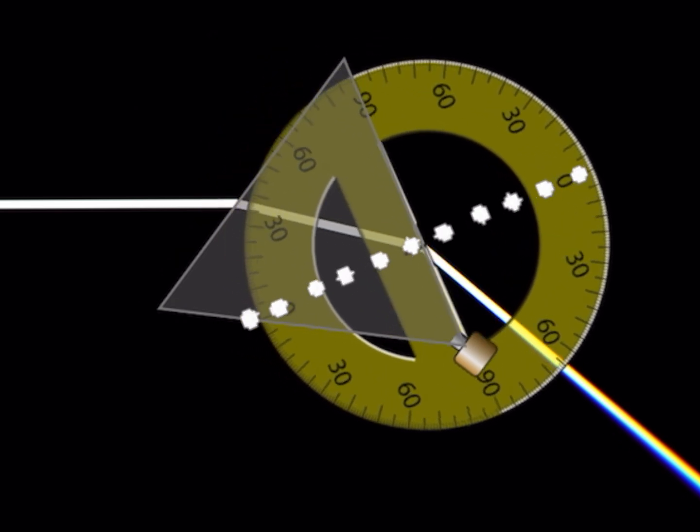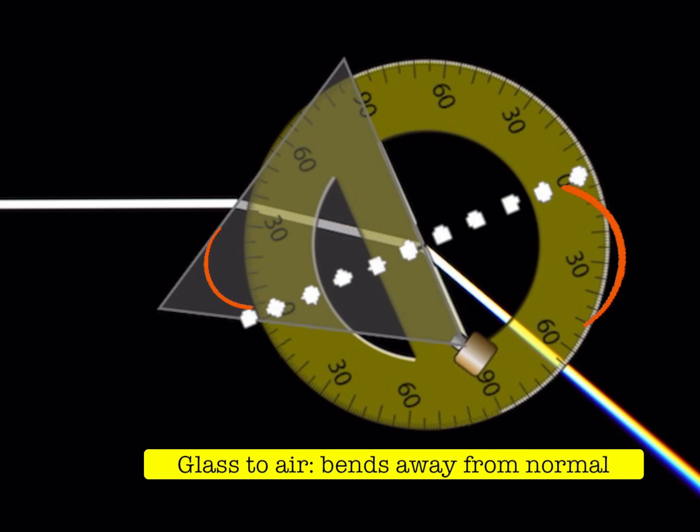We see that it enters at about 35, and it exits at about 60 something. So this shows that it has bent very much away from the normal.